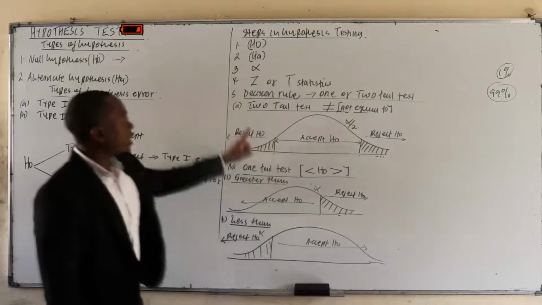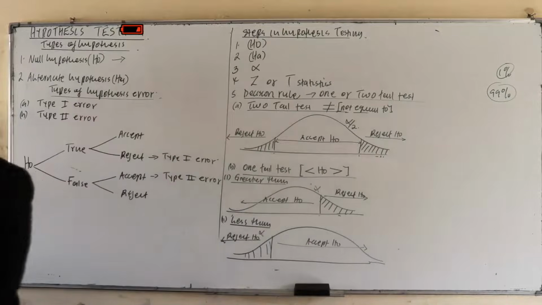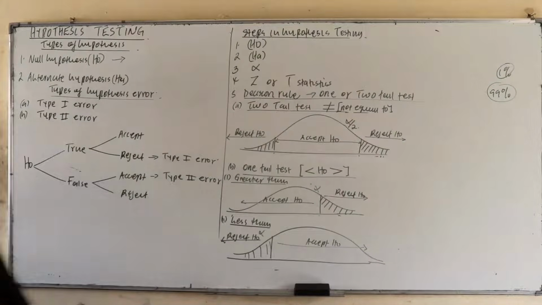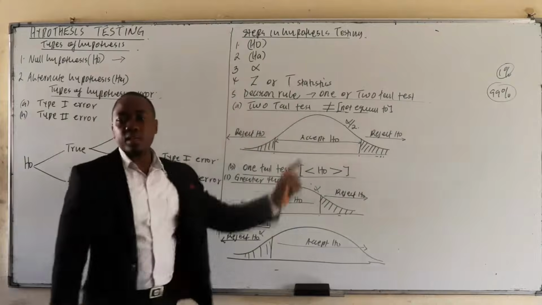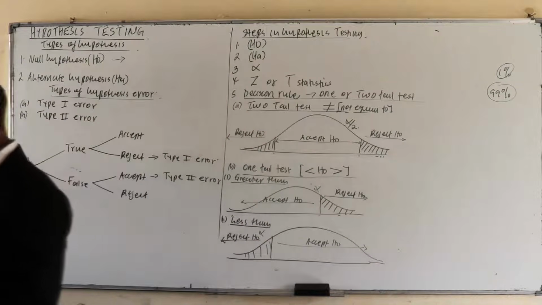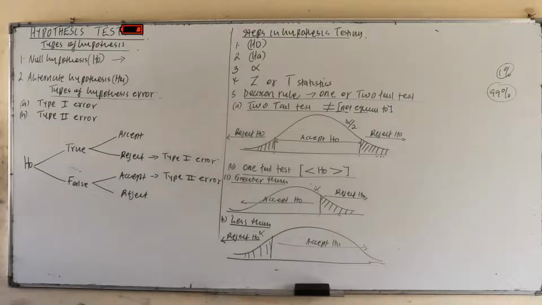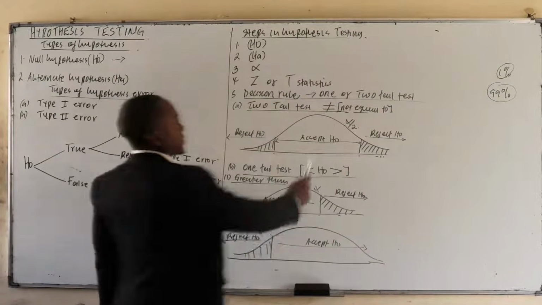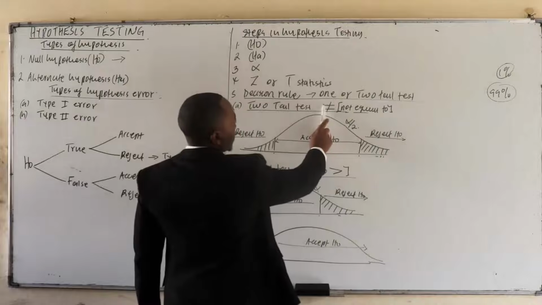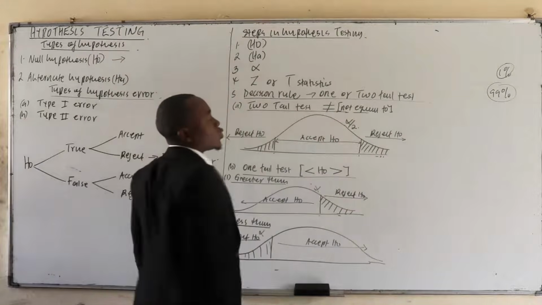Now let's start with A, two-tail test. Under number 5, just write A, two-tail test. Then you show this, and this is the sign of not equal to.